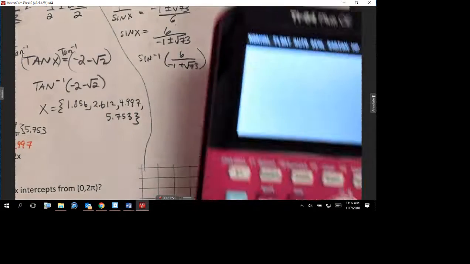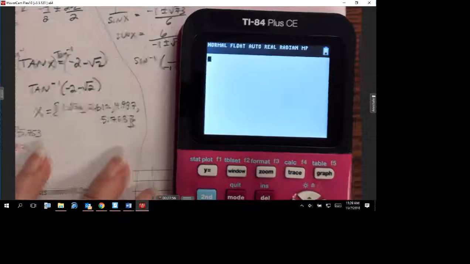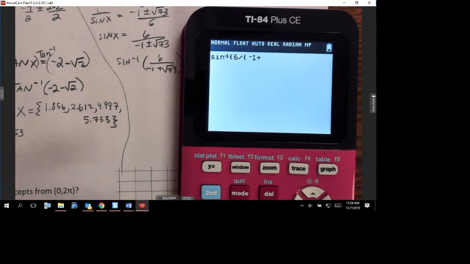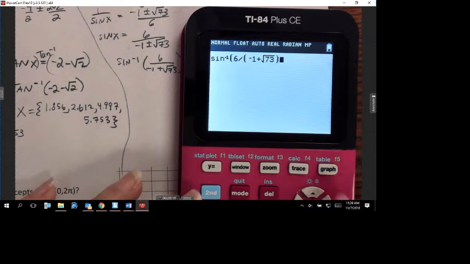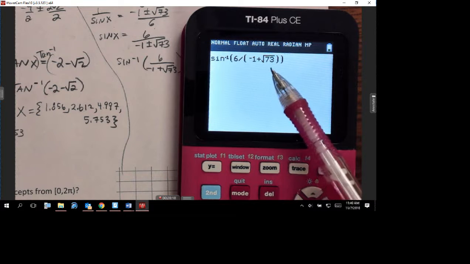Now, if you do not have the newer calculators, which I know some of you do not, you've got to watch your parentheses. So I'm doing this as if I have the older calculator in front of me. I'm going to have to tell the calculator that we're dividing this entire amount.